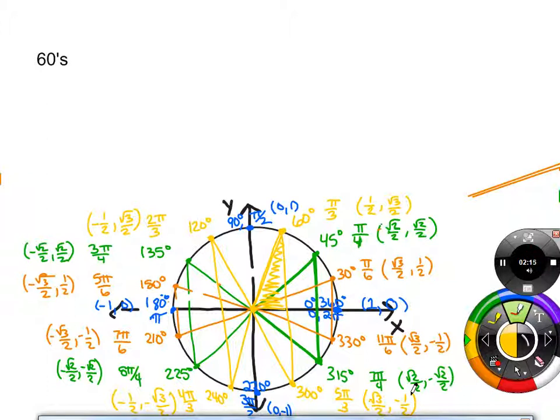Now, we did everything with a unit circle, but I remind you guys, if we had made the circle bigger, all that would have happened is the radius would have been bigger, which meant the side lengths would have been bigger. But then when you did the sine, like the y over the r, this stuff would have canceled out, and you still would have ended up with root 3 over 2. Okay, that's why we used 1 as the radius, to avoid having to cancel stuff out every single time.